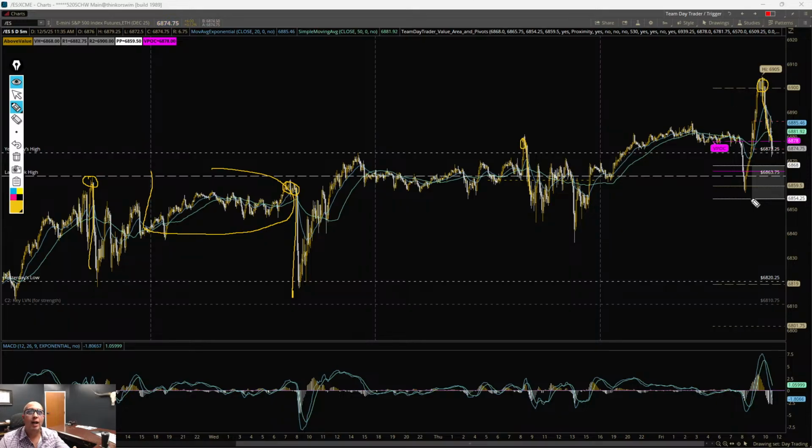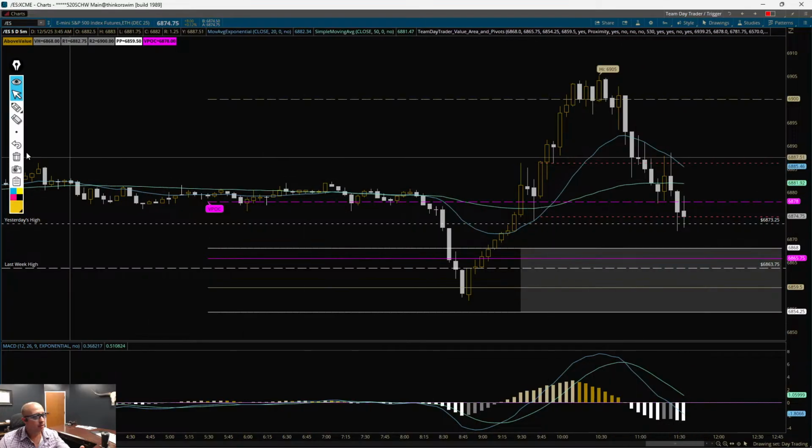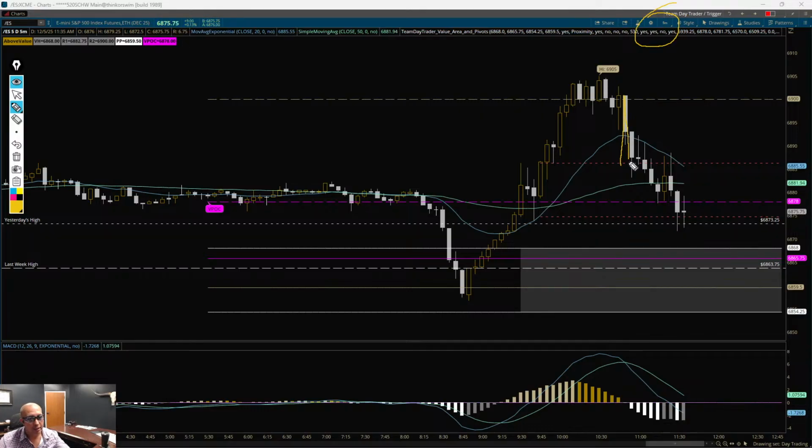But the tempo hasn't really been violent. It's been this drag lower, like a grinder. You know what I mean? You haven't had a bar where this opens up and then boom, the 5-minute candle takes out 30 points of range, or 20 points of range.